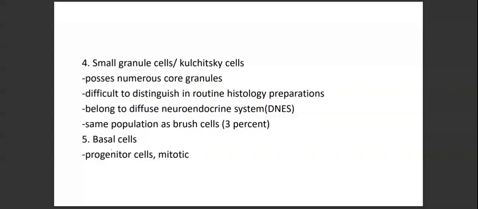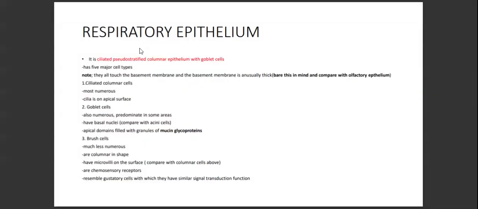That is about the respiratory epithelium. What I'm emphasizing here is to know all these types of cells and their properties, in terms of structure and function. One other important thing is that you must be able to differentiate this epithelium from the olfactory epithelium.